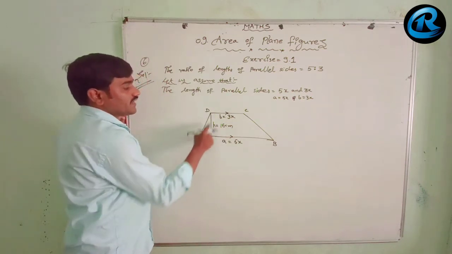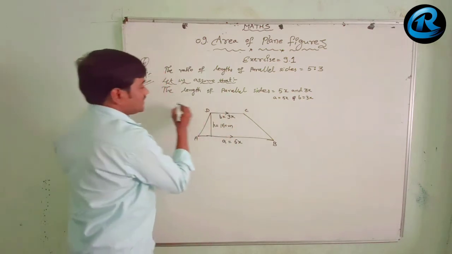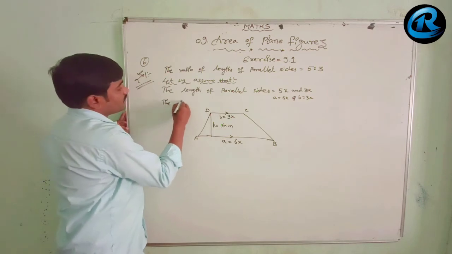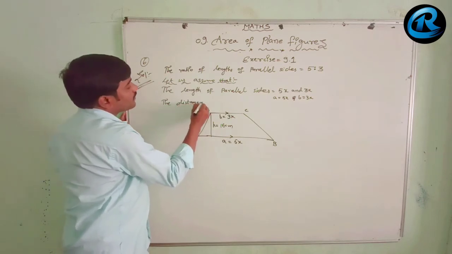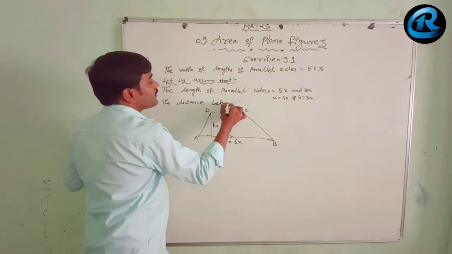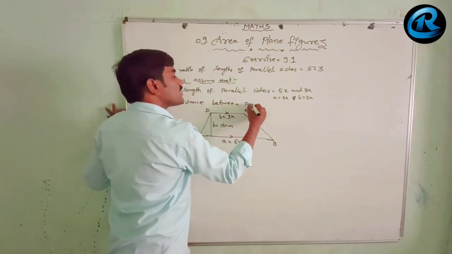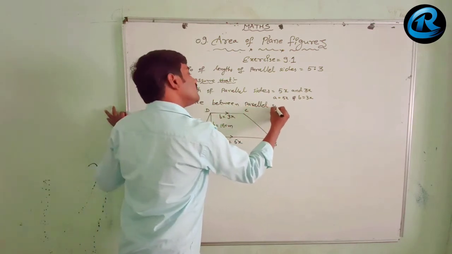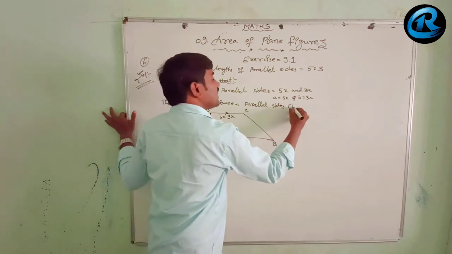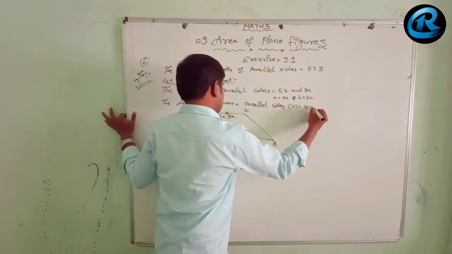And also he has given the distance between the parallel sides, h, that is 16 centimeter.